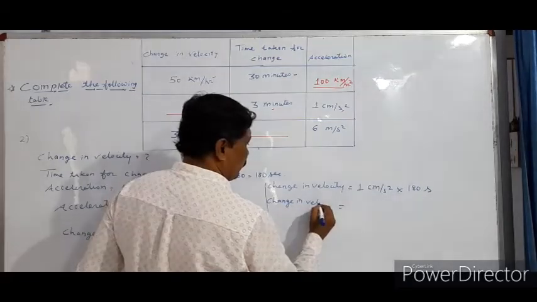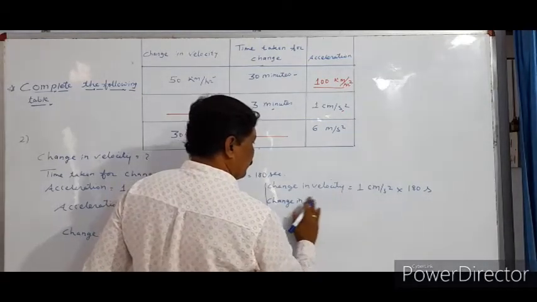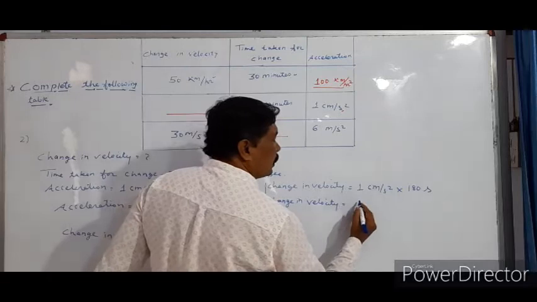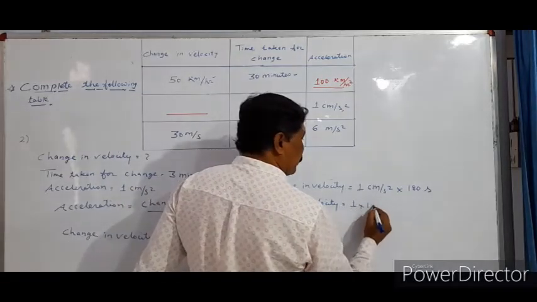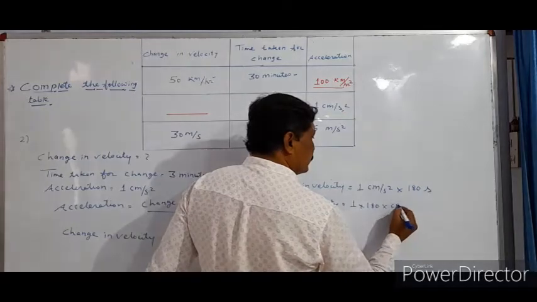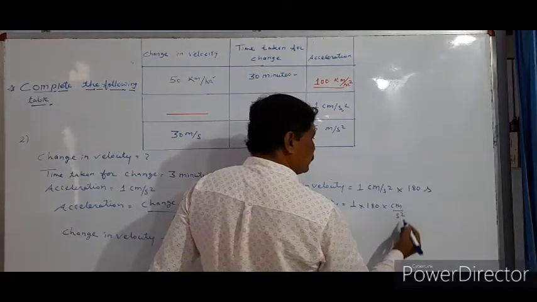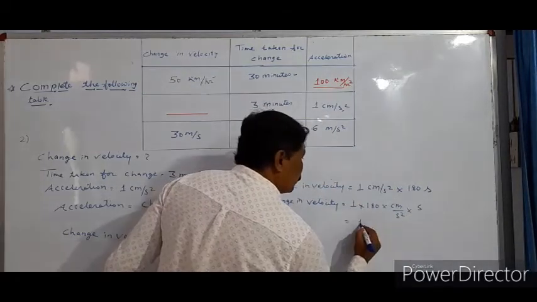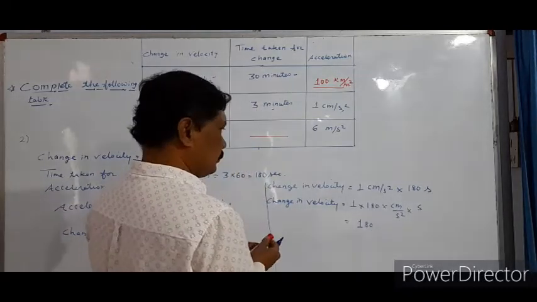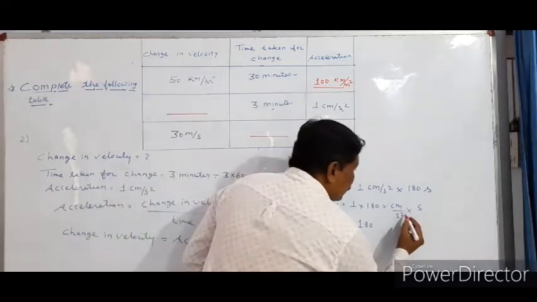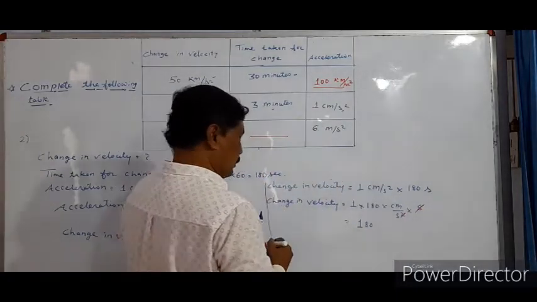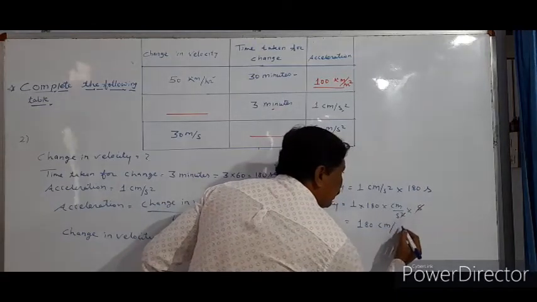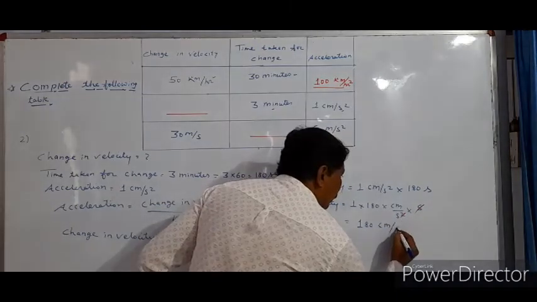Change in velocity is equal to 1 into 180 into centimeter upon second square into second. So it is equal to 180, second square and second will get cancelled, and the unit will become centimeter per second, since one second is left.